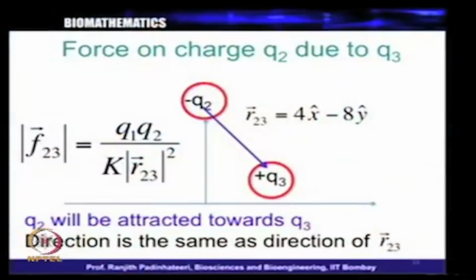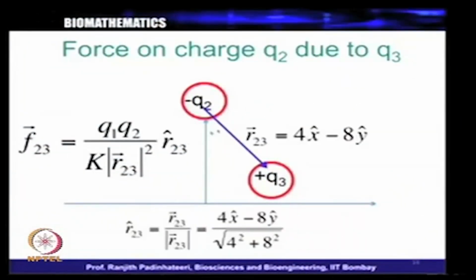So, how do we define unit vector R23? Let us look at the next slide. So, R23 is this and unit vector R23, as we have been defining, is R23 vector divided by mod R23. What is R23 vector? R23 vector is 4x minus 8y.